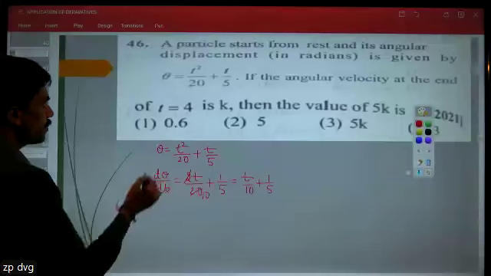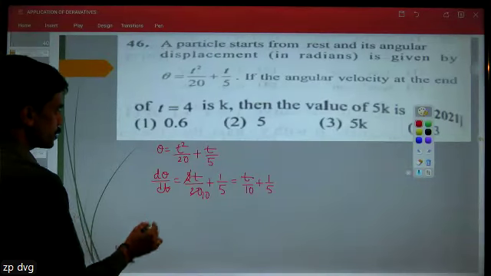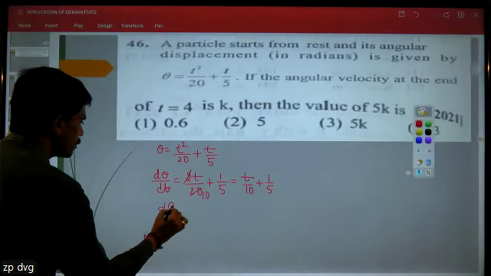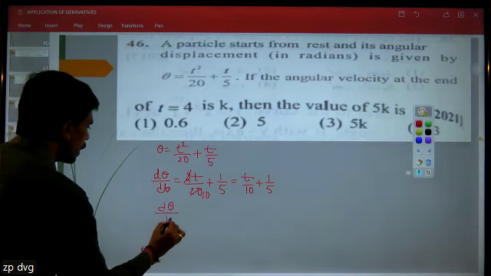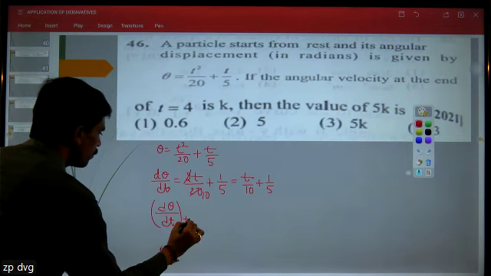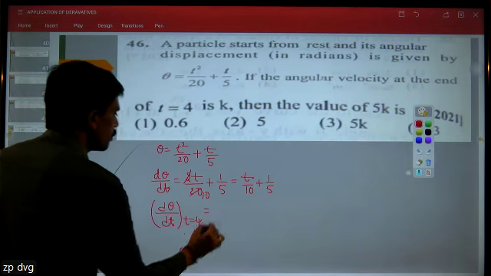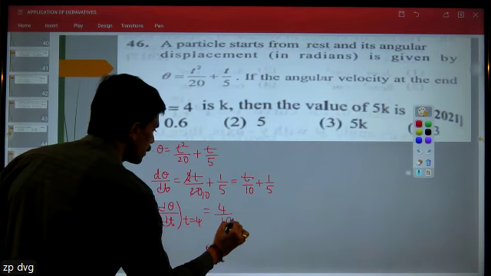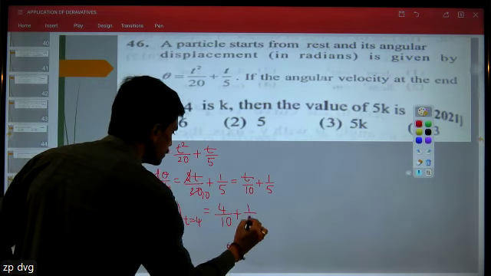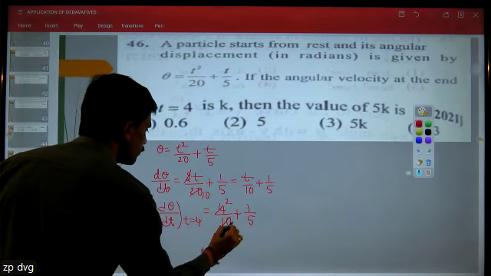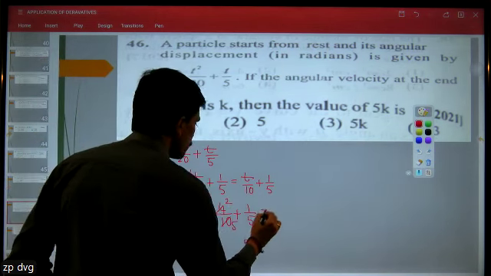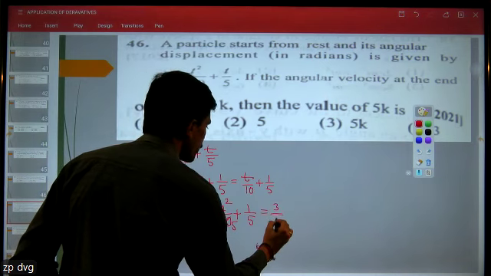So if we substitute t equal to 4, we get d theta by dt at t equal to 4 is equal to 4 by 10 plus 1 by 5. So 4 by 10 means here we get 2 by 5. So 2 by 5 plus 1 by 5, we get 3 by 5.